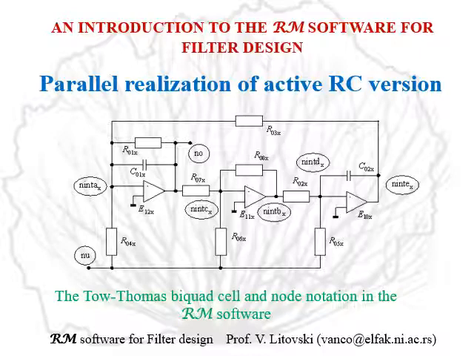The structure of all the second order cells is the same. Only the element values are changed in parallel realization. That is a very nice property from the programming of the synthesis program point of view.